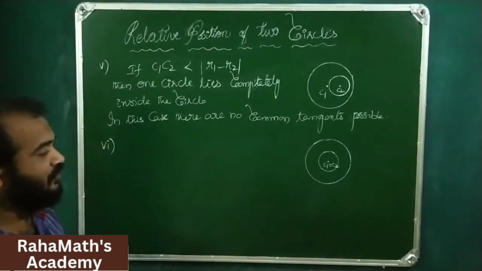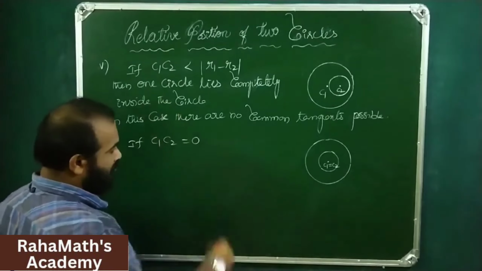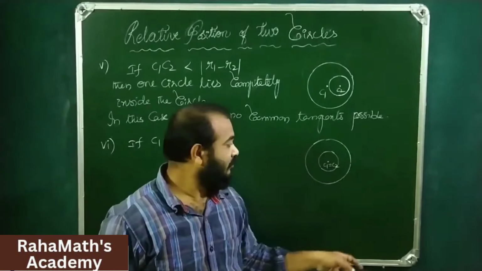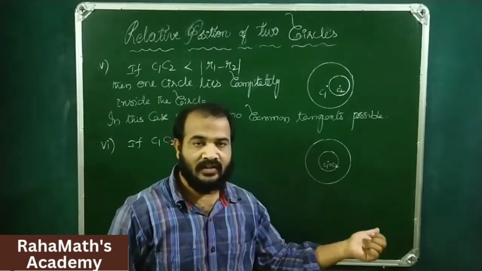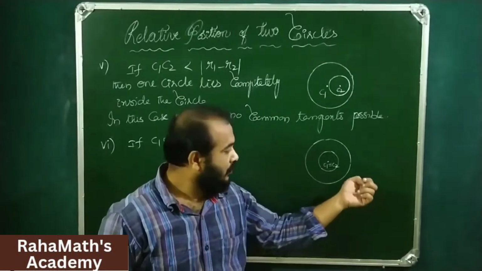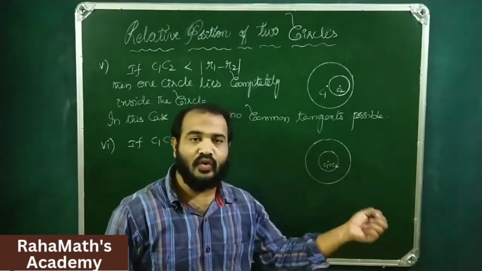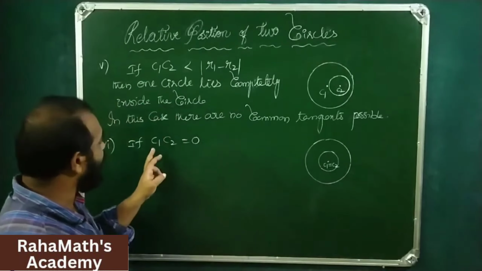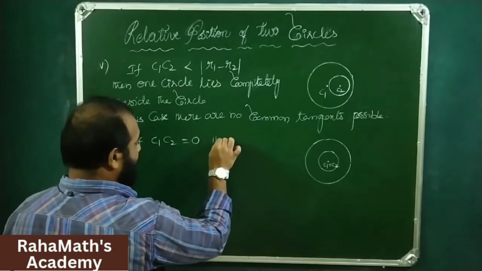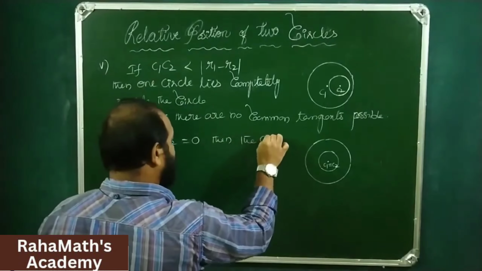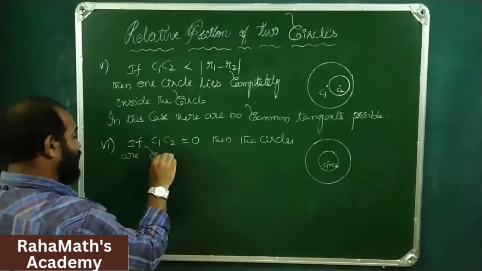And the last condition is if C1C2 is equal to 0. That means for both the circles, the center is the same. That means concentric circles. The center is unique, so the distance between C1 and C2 is equal to 0. Then the circles are concentric.